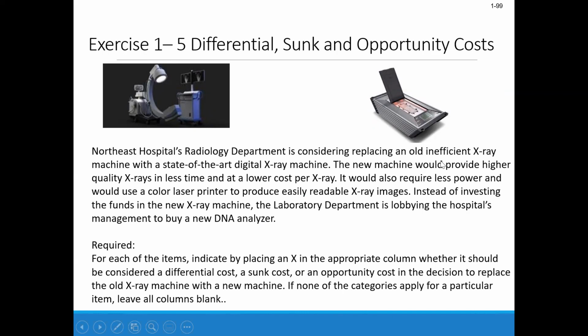It would also require less power and would use a color laser printer to produce easily readable X-ray images. Instead of investing the funds in the new X-ray machine, the laboratory department is lobbying the hospital's management to buy a new DNA analyzer. For each of the items, indicate by placing an X in the appropriate column whether it should be considered a differential cost.